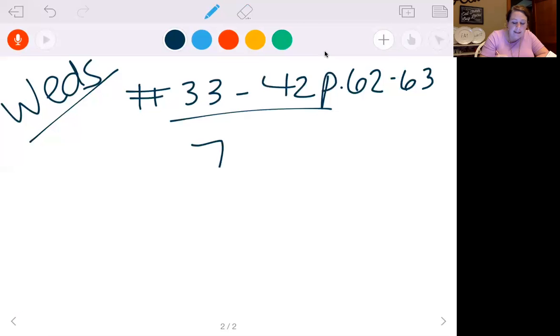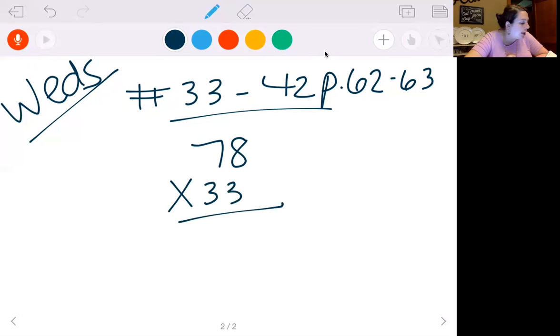So let's start easy as a kind of review, and let's do 78 times 33. That's where we started at the beginning of the chapter. So 3 times 8 is 24. Put my 4, carry my 2. 3 times 7 is 21. Plus 2 is 23. Placeholder 0. 3 times 8 is 24.